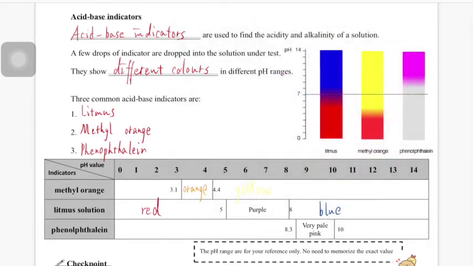And when in strong acidic condition, it will turn into red. And for the last type of indicator we use here, phenolphthalein, in basic condition, it will show a pink color.